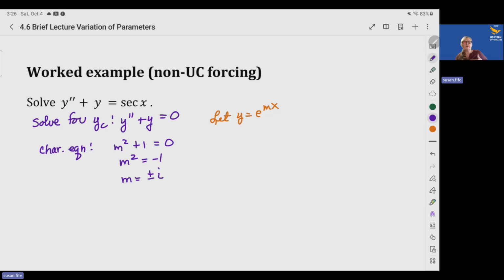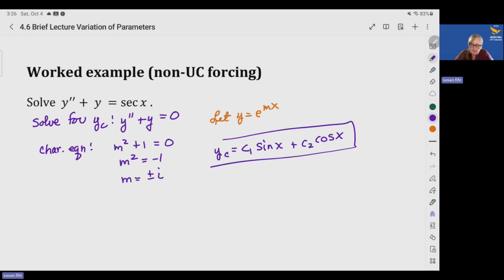We get sines and cosines. So our complementary solution is C1 sine x plus C2 cosine x. And we have y1 is sine x and y2 is cosine x.